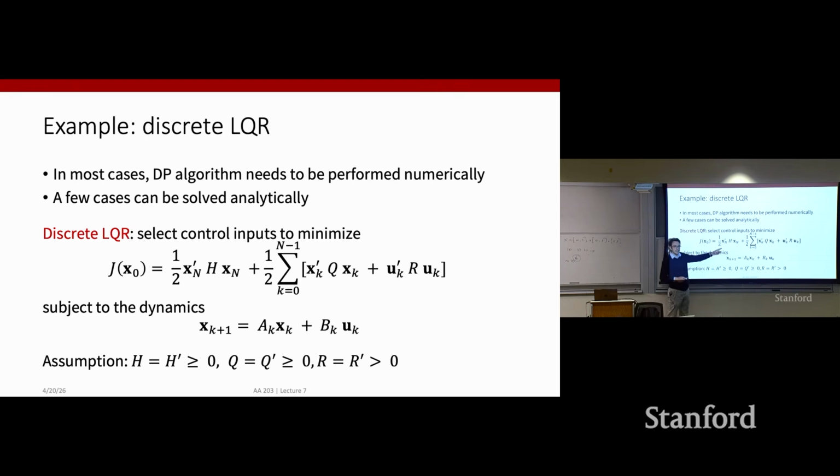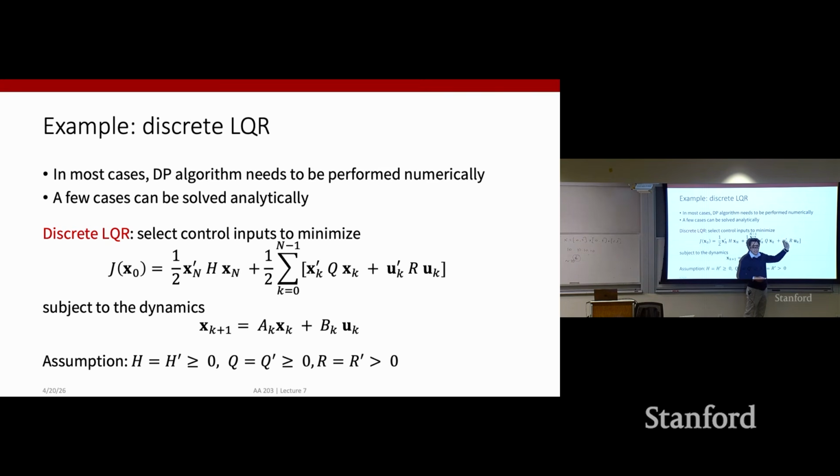The cost is additive and is quadratic. So we have a terminal cost, which is a quadratic form in terms of the terminal state x_n. And then the stage-wise cost is quadratic too. It is quadratic in terms of the state and quadratic in terms of the control.